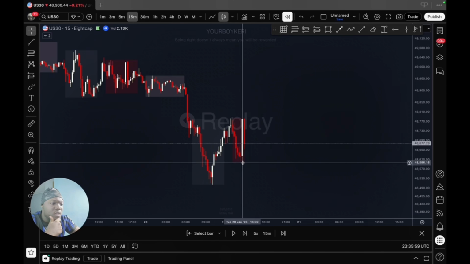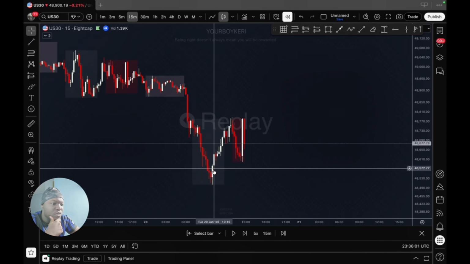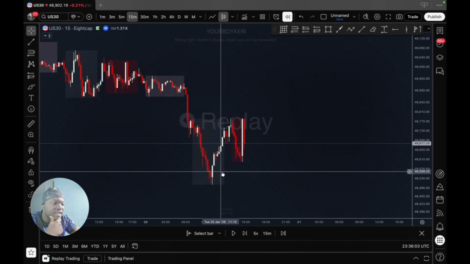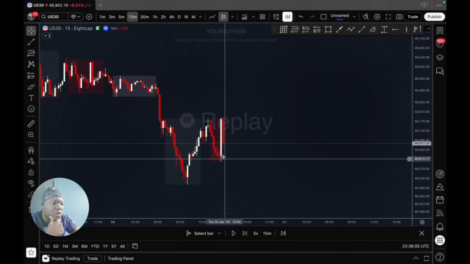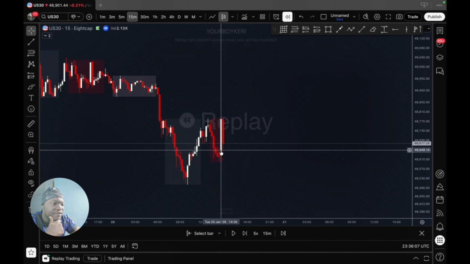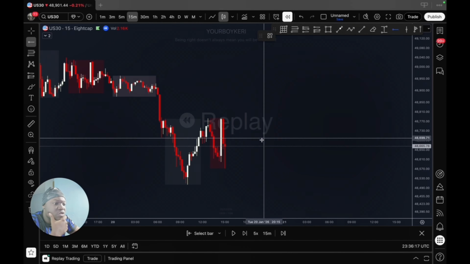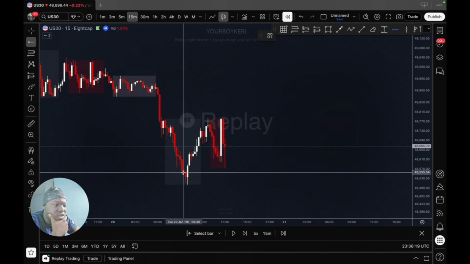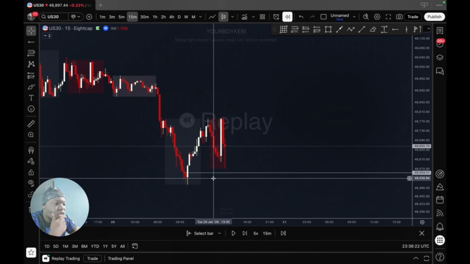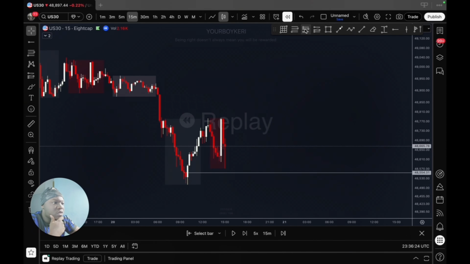I expected this gap, price to come back, tapping this gap, or I expected price to give me a 15-minute imbalance here, which is on our next candle. The gap wasn't really that, but my stop loss was barely around here. That's where my stop loss was.